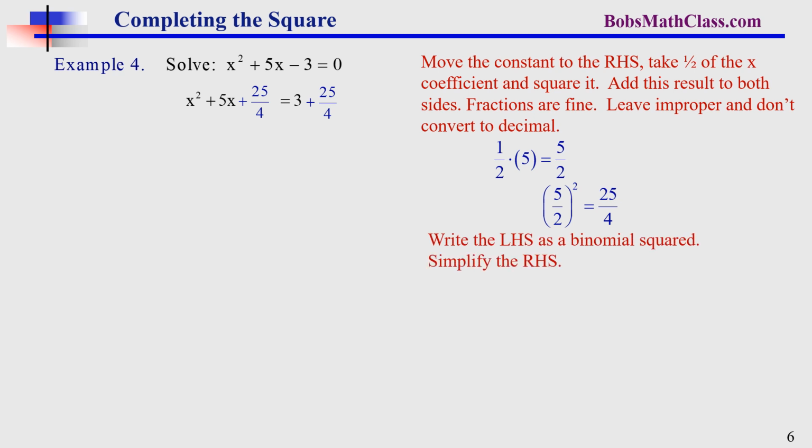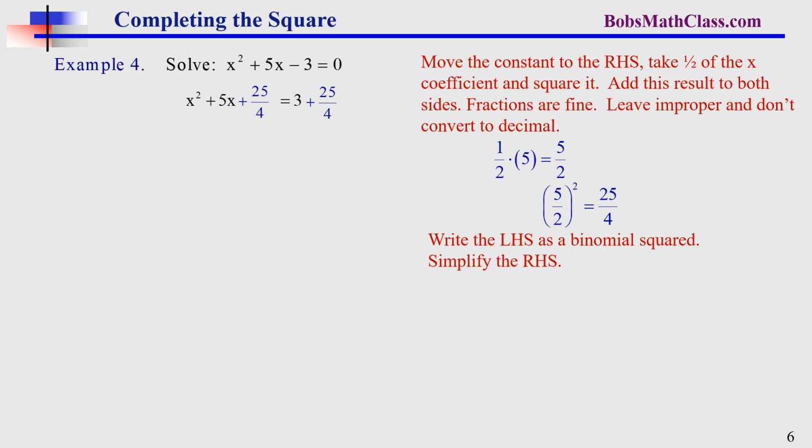Okay, now we want to write the left-hand side as a binomial squared. And we're going to add on the right-hand side, simplify the right-hand side. So that means on the left-hand side, it's a perfect square trinomial. It factors to the same binomial twice. But we don't have to stress so much. We already have the number. It's the number before you square it, 5/2.